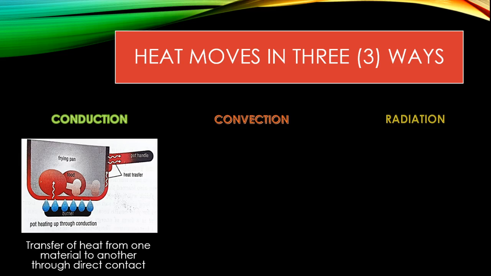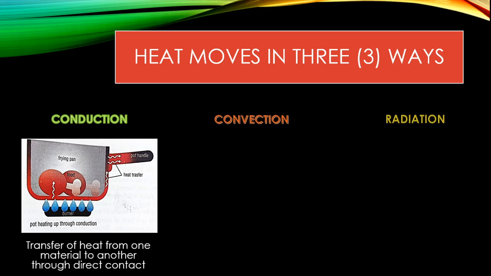Why is this so? When cooking, the heat from the flame travels to the bottom of the pan and heats it up. That is an example of conduction, transfer of heat from one material to another through direct contact.